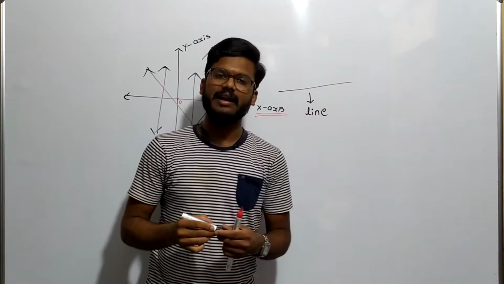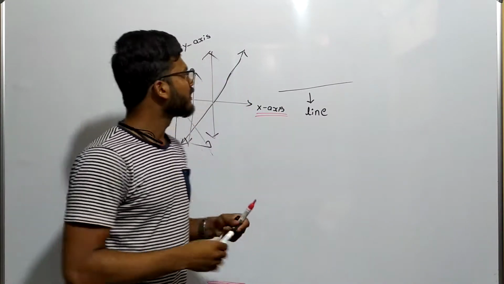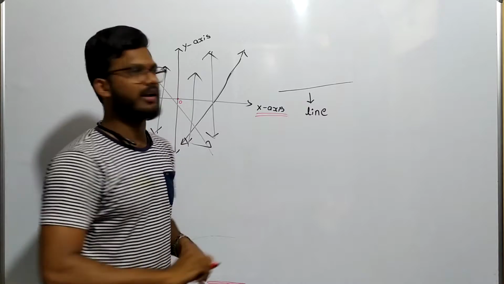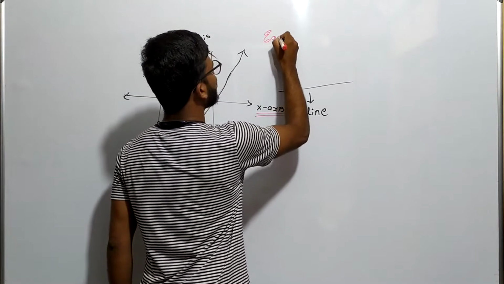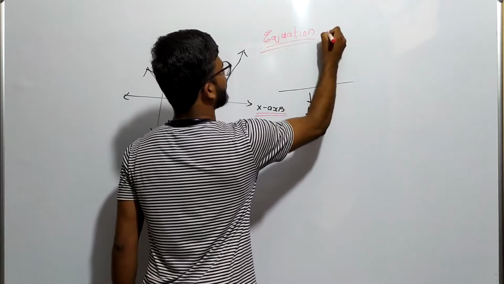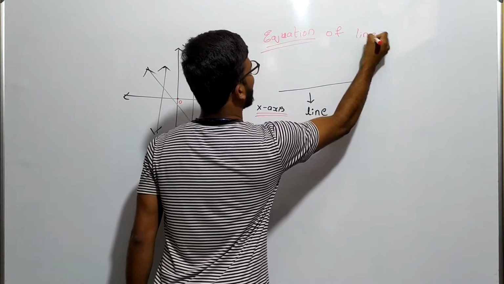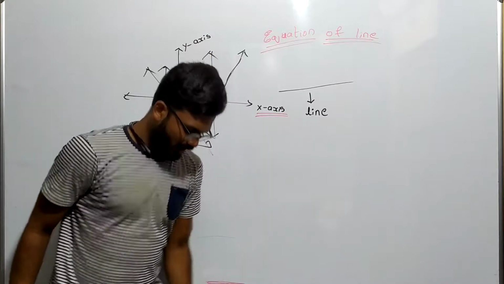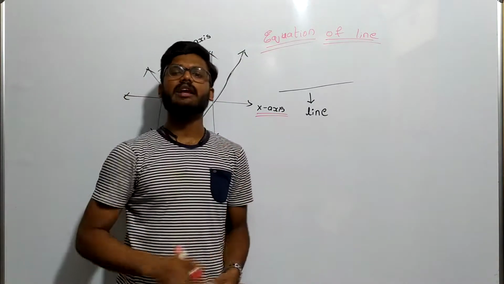And that identification, we call it the equation of that particular line. Equation of line. And we will see what those equations are.